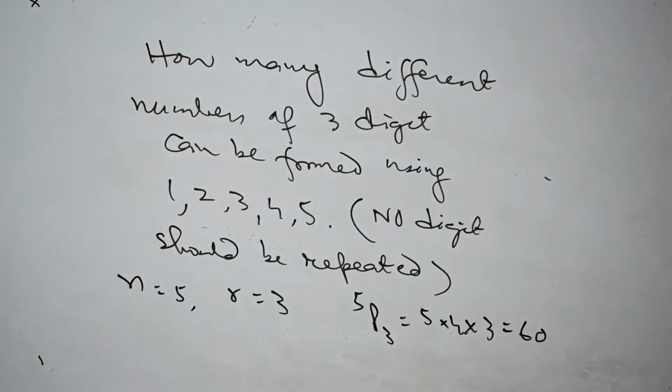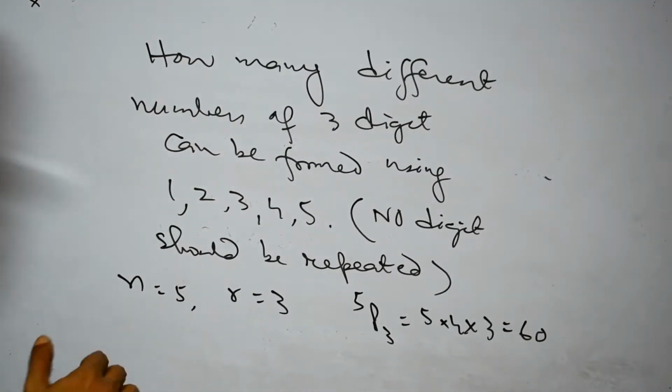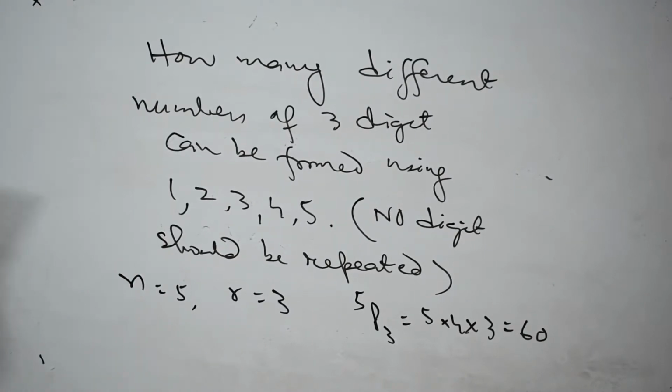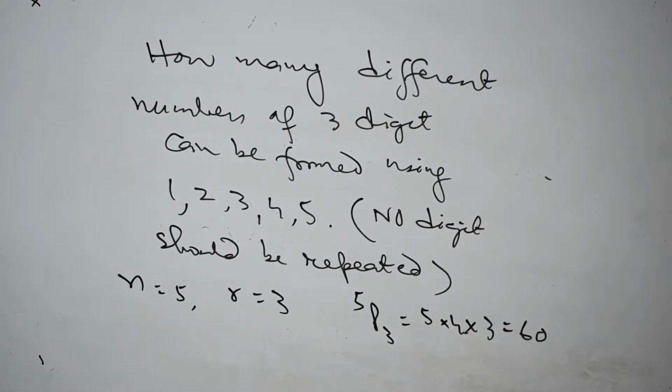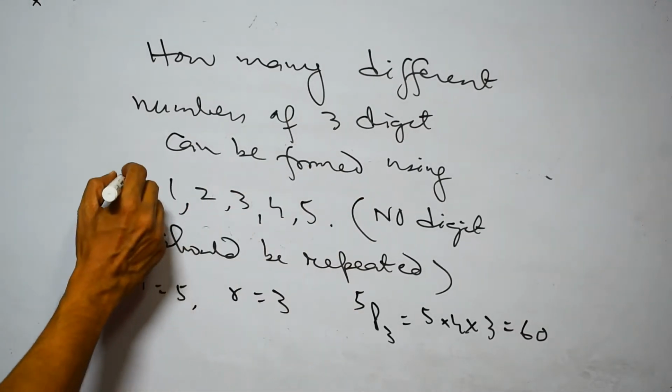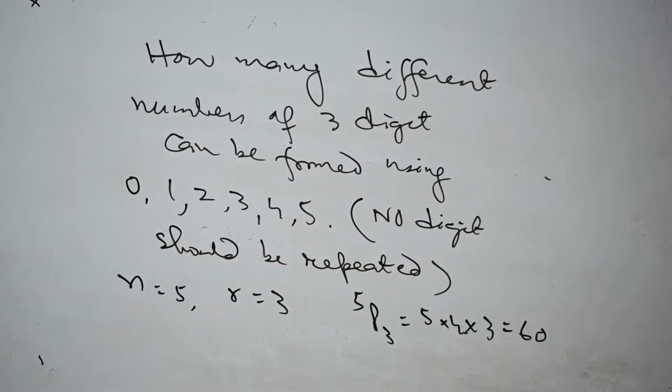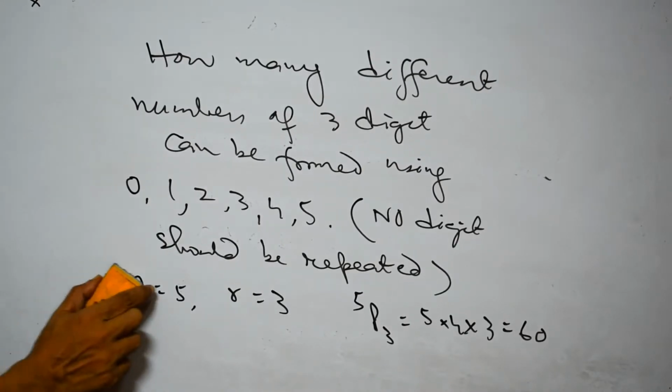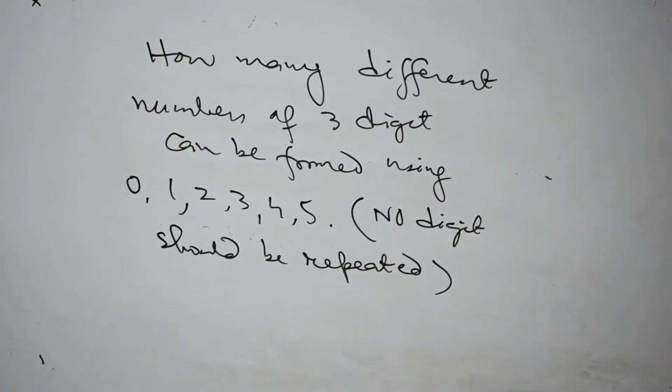But if I add 0 in this question, then what would happen? I am changing the question. How many different numbers of 3 digits can be formed using, instead of 1, 2, 3, 4, 5, I am putting a 0. So what is happening? Here 6 figures, and we are going to take 3 figures for 3 digits.